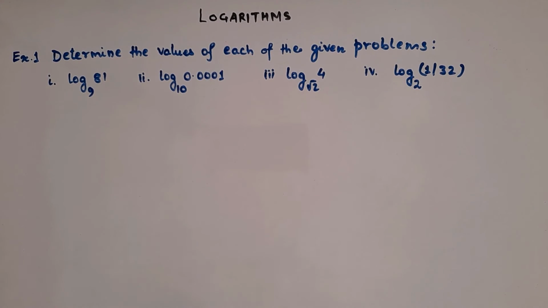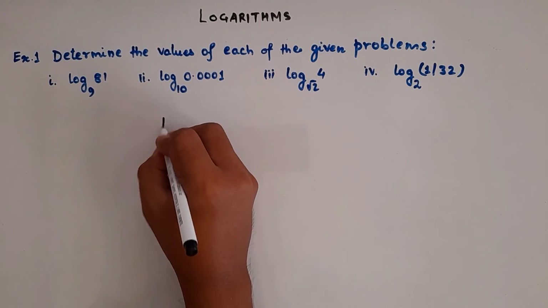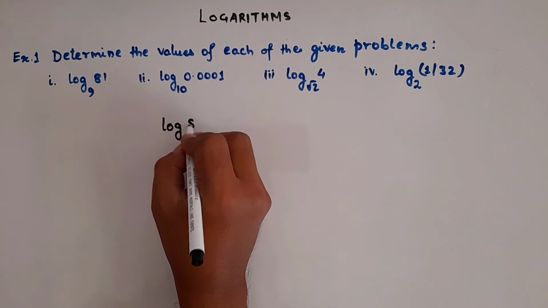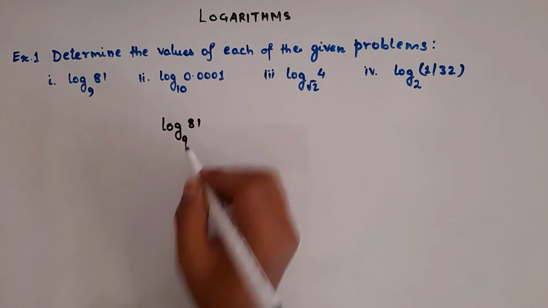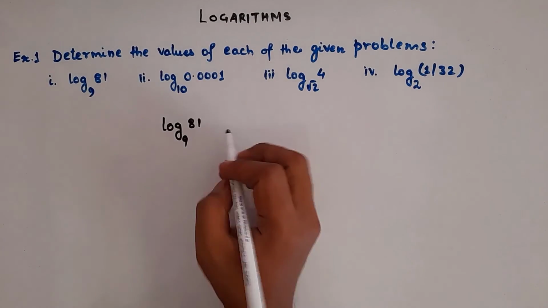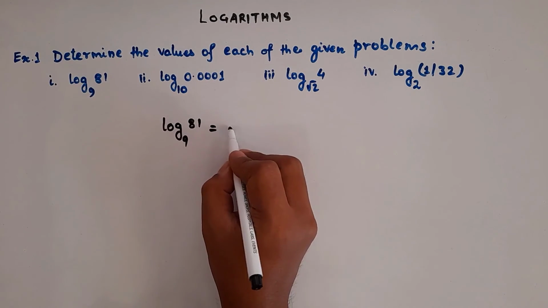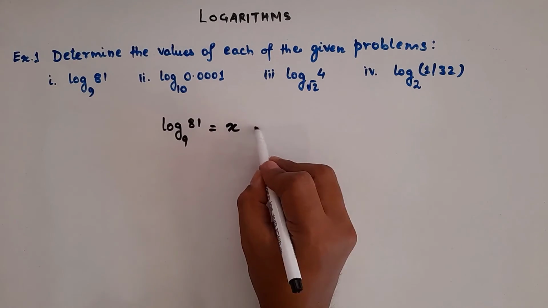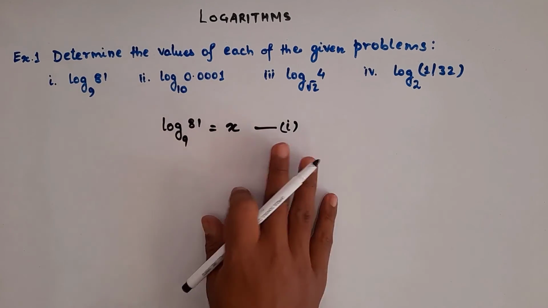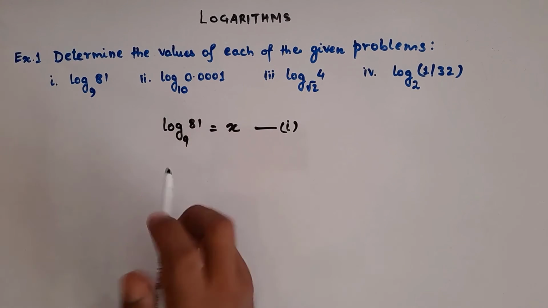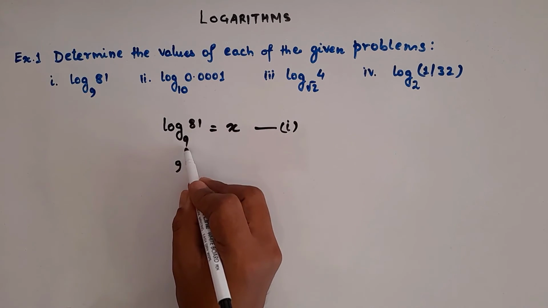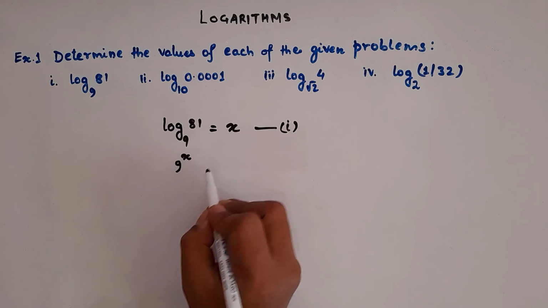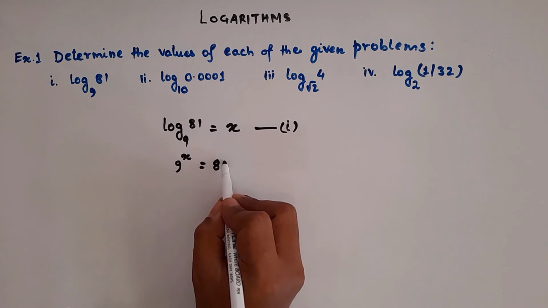We have the log of 81 to the base of 9. So we need to find its value. We're going to assume that the value of this particular logarithm is x, and rename it as equation number 1. Now we apply the definition. So we have the base 9 raised to the power of x, and that gives us 81.